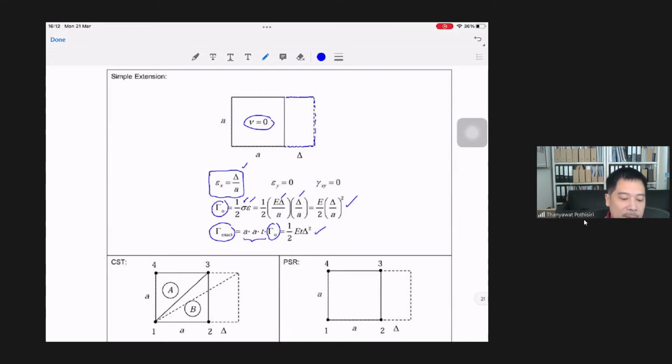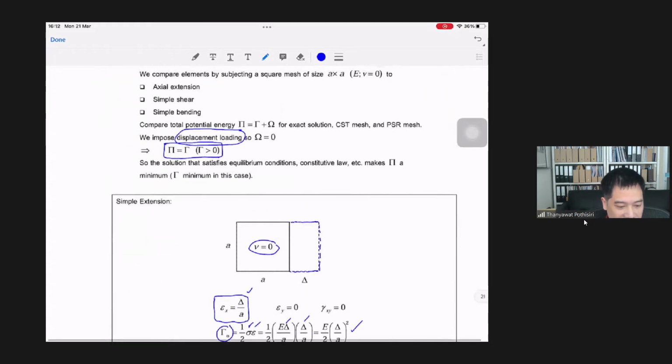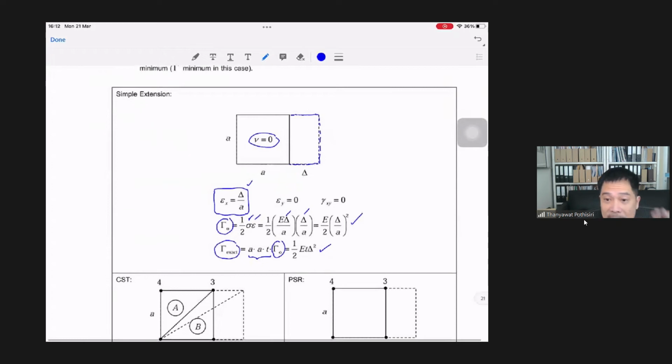This should be the minimum strain energy, minimum potential energy, based on the displacement loading we talked about.